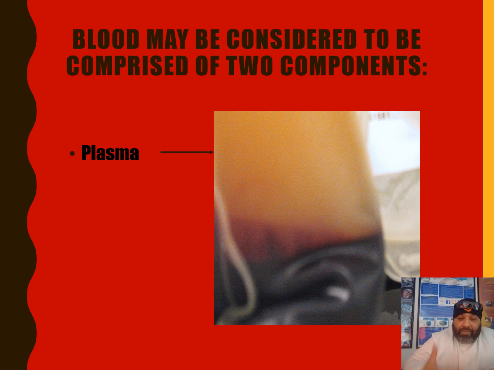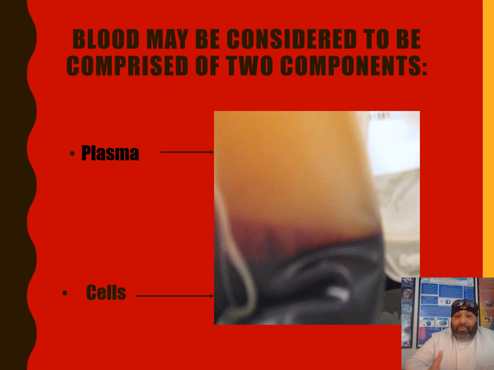At the top of this photograph is where you see plasma in a blood donation bag, and at the bottom you have what is known as your red cells, or red blood cells, where within red cells there are other components. If this bag was mixed, the bag would ultimately look all red.